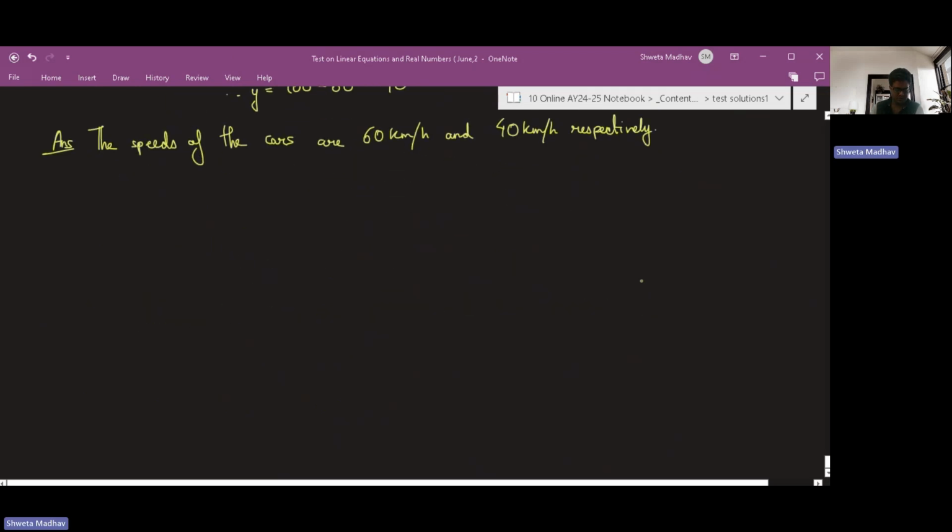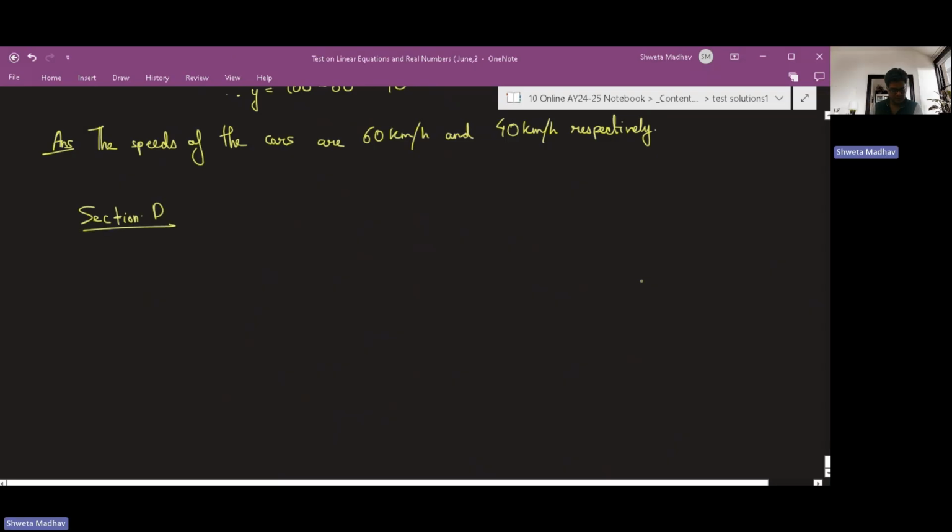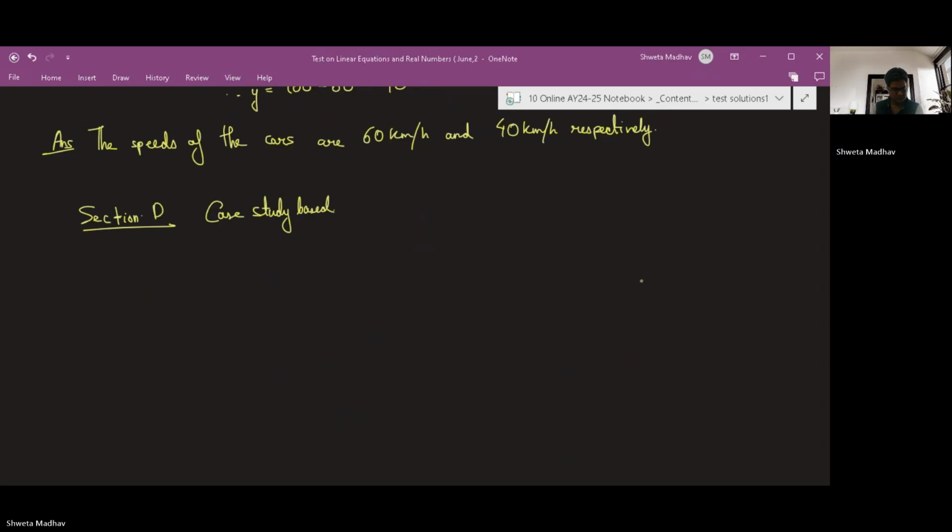Then in section D, which is 4 marks each, it is a case study based questions.